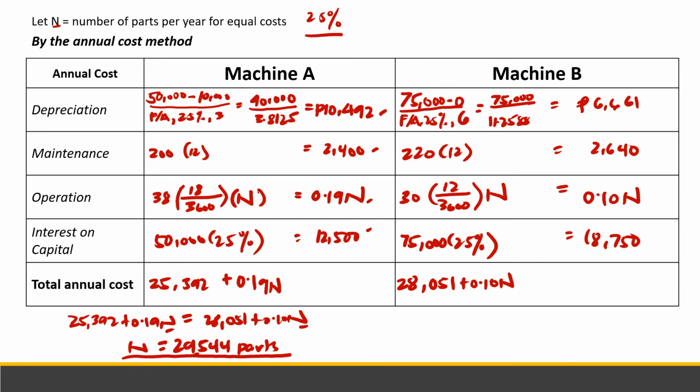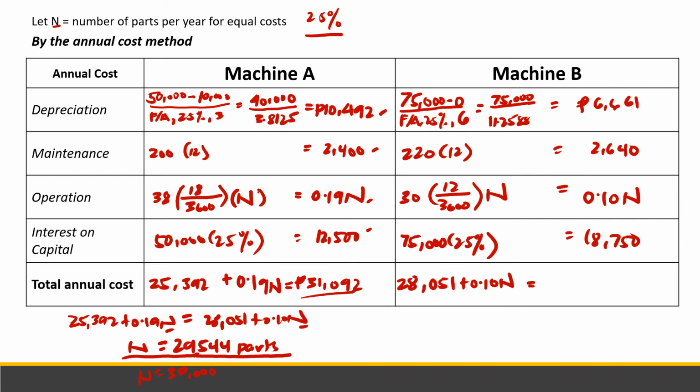Okay, so paano natin malalaman kung ano yung alternative na gagamitin natin? So say we will assign a n more than the break-even point. So say 30,000 na n. So substituting 30,000 in this equation, this will be equals to 31,092 pesos.